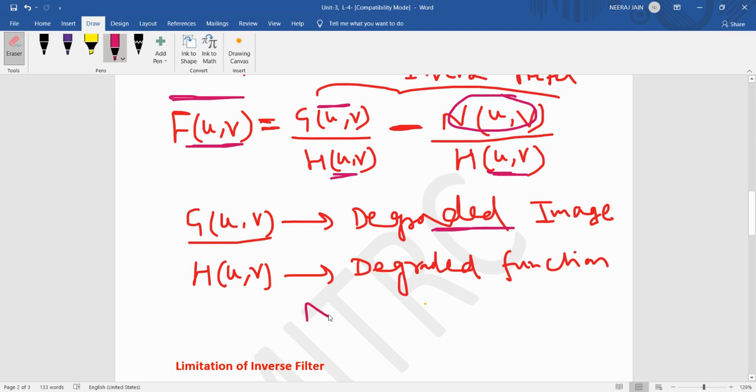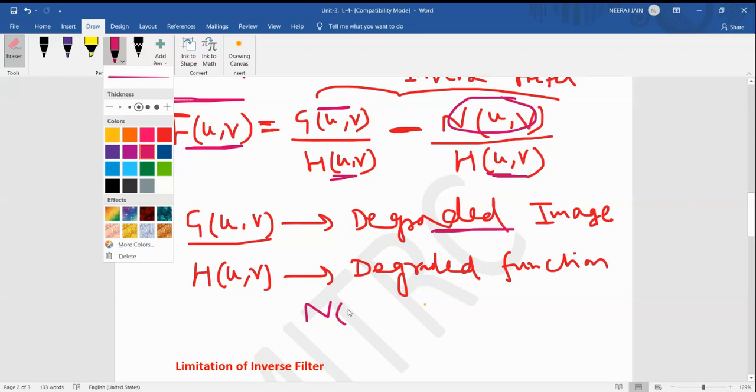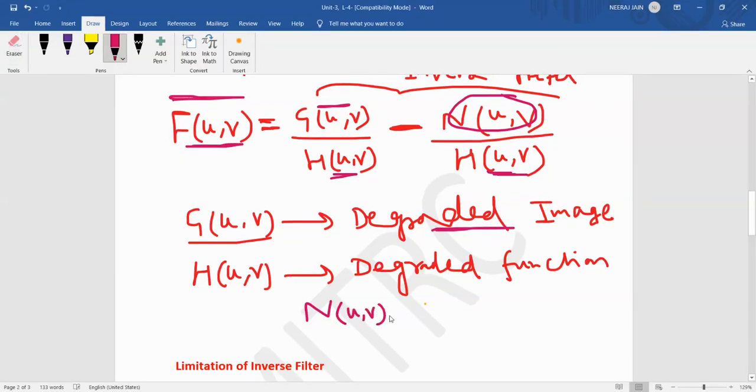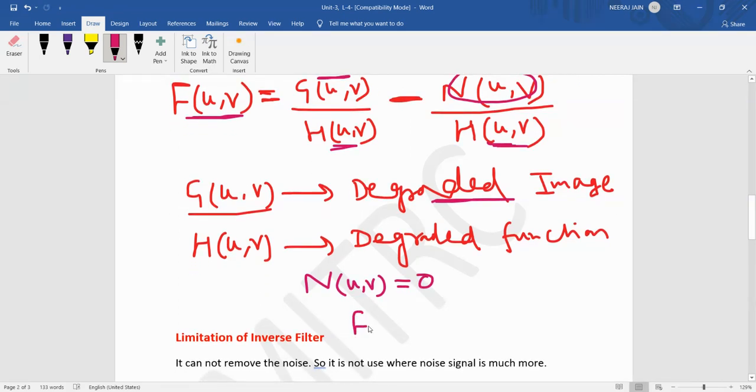If the noise is taken as 0, then definitely our inverse filter will be F(u,v) equal to G(u,v) upon H(u,v). So this is our filter here. With the help of this filter we can achieve the image.